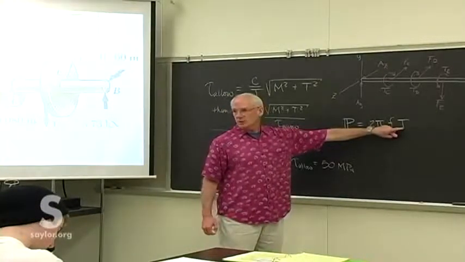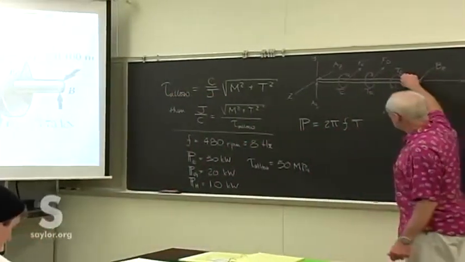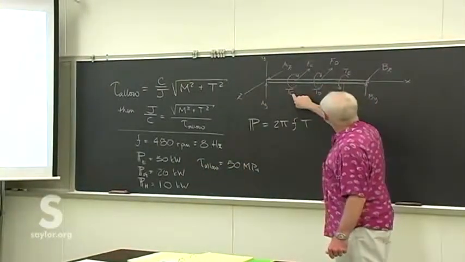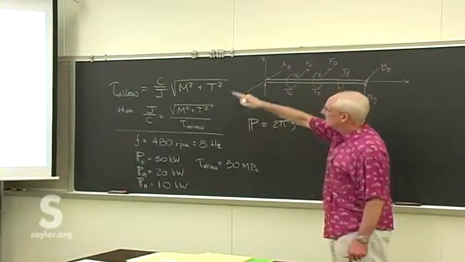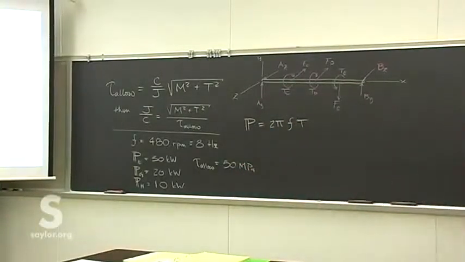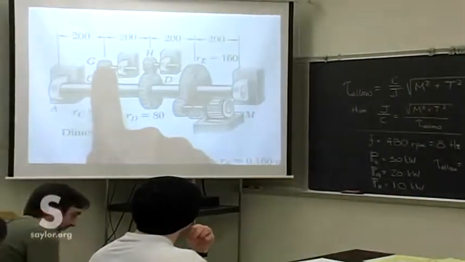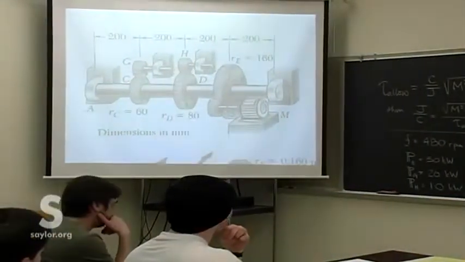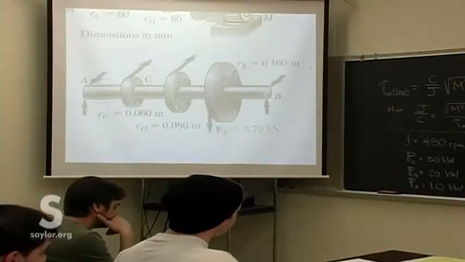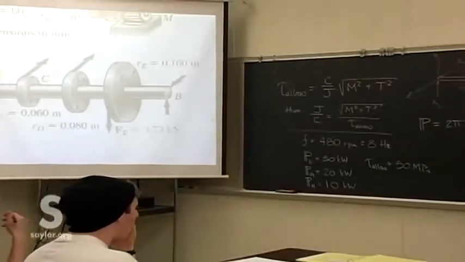We can then find the torque being applied at E as the power comes in, the 30 kilowatts, then 20 and 10 take off at C and D. The applications were named G and H in the picture. Okay, gear C has takeoff G, gear D has takeoff H. If that doesn't suit your fancy, feel free to change it a little bit. But that allows us to find these two torques by simply applying this there.